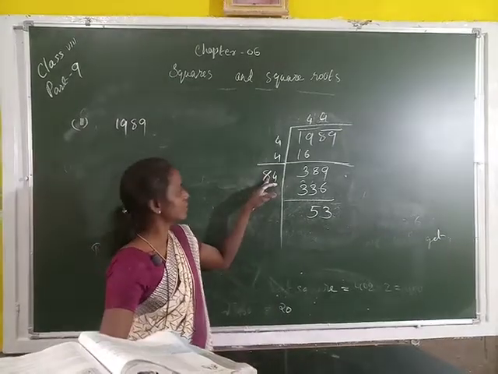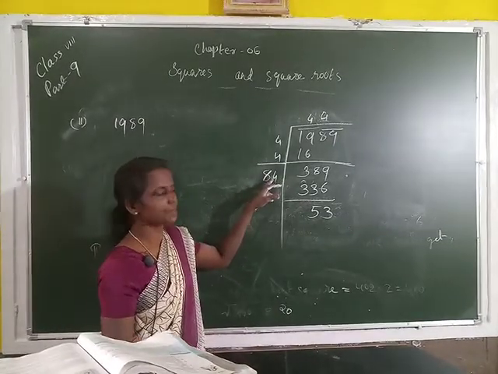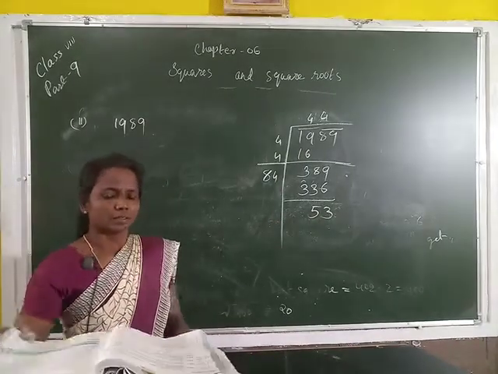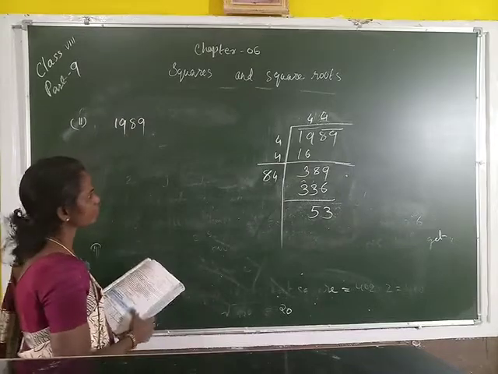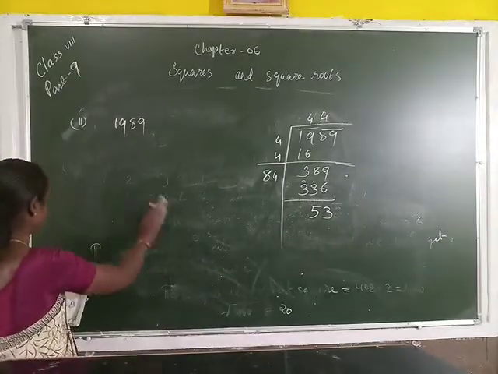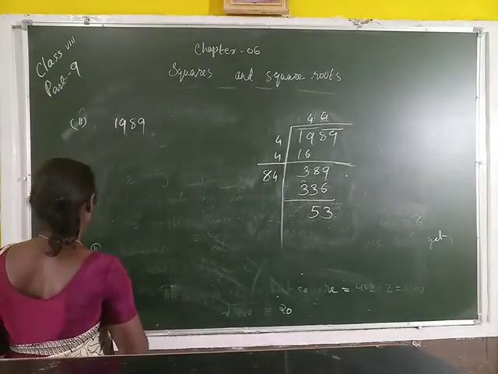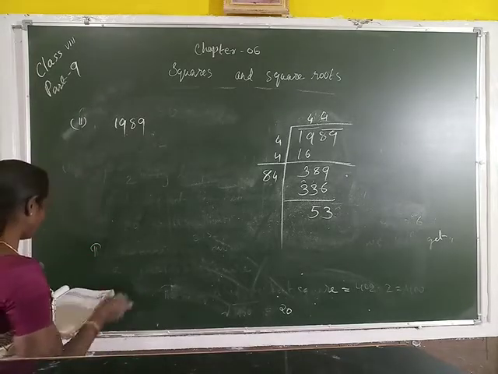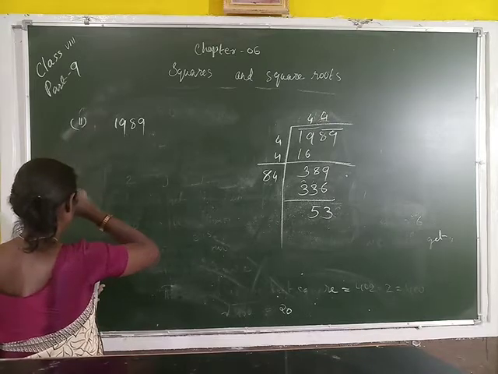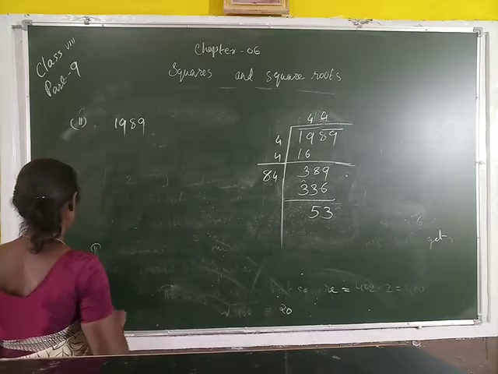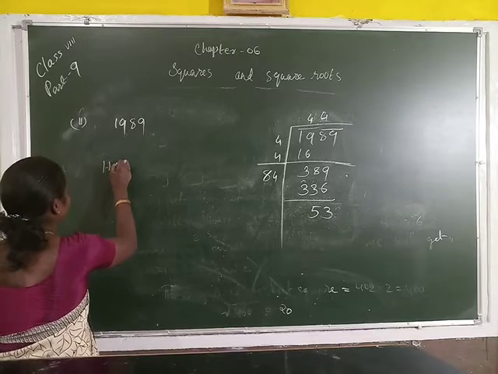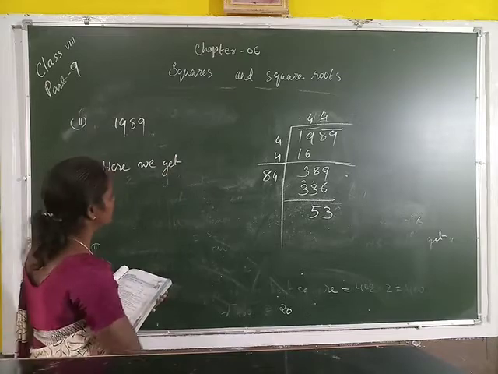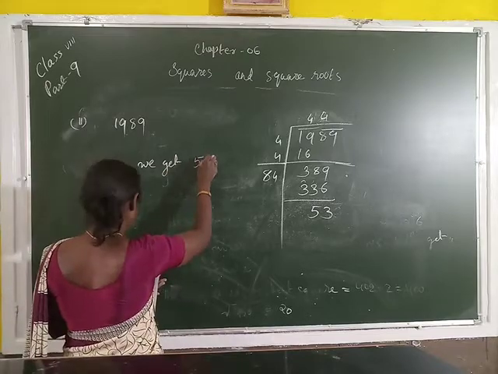Here the divisor is bigger than the remainder. Then the next we can write by division. Here we get which number, 53.